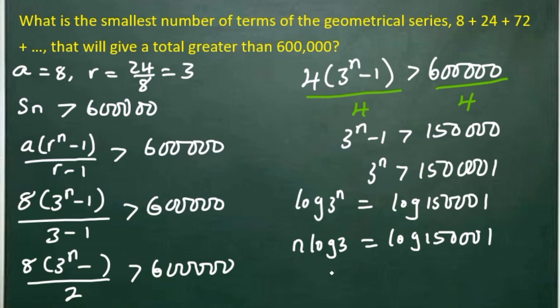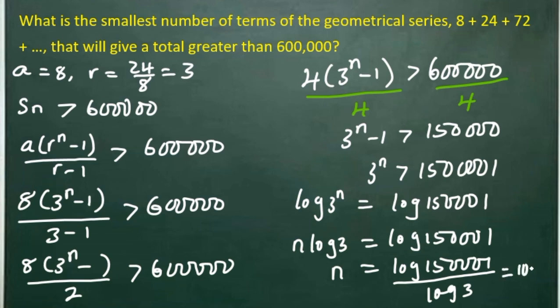Now let's divide through by log 3. Dividing through by log 3, n equals log of 150,001 all divided by log 3. If you do that, you are going to have 10.85.